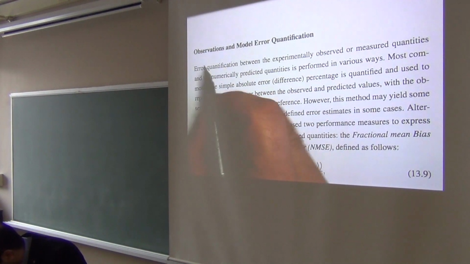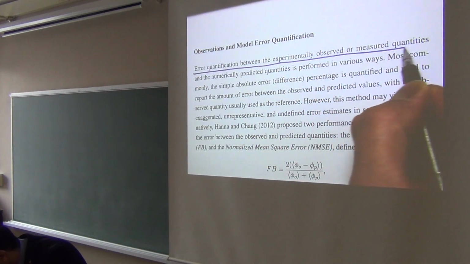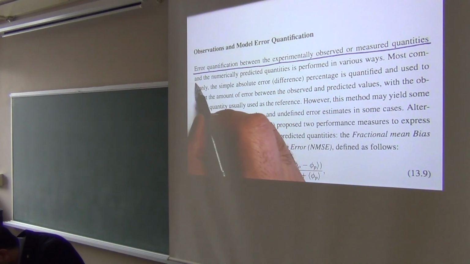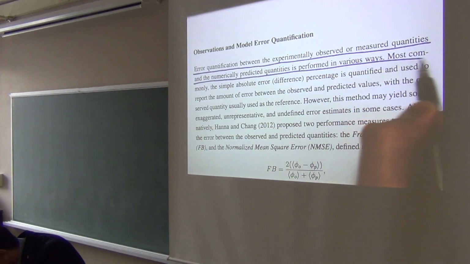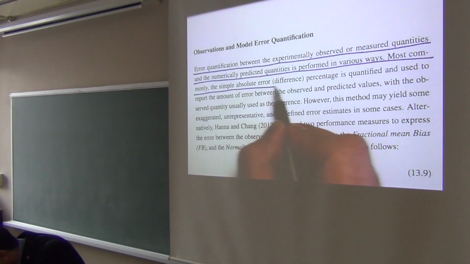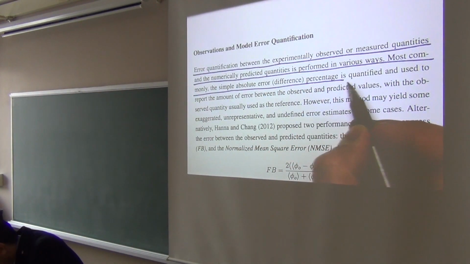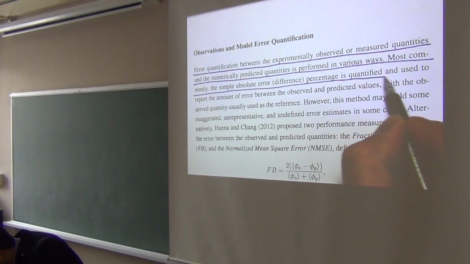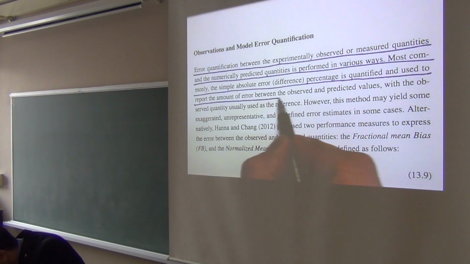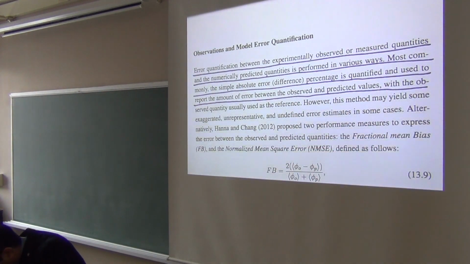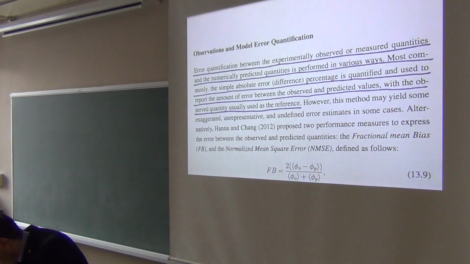Error quantification between the experimentally observed and measured quantities and the numerically predicted quantities is performed in various ways. Most commonly, the simple absolute error, just difference, is quantified and used to report the amount of error between observed and predicted values, with the observed quantity usually used as the reference.